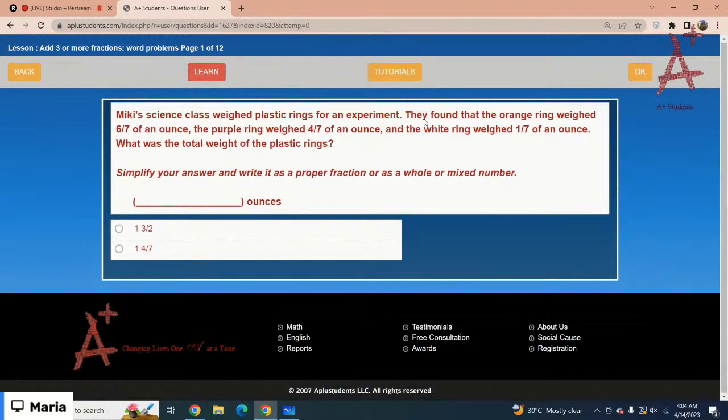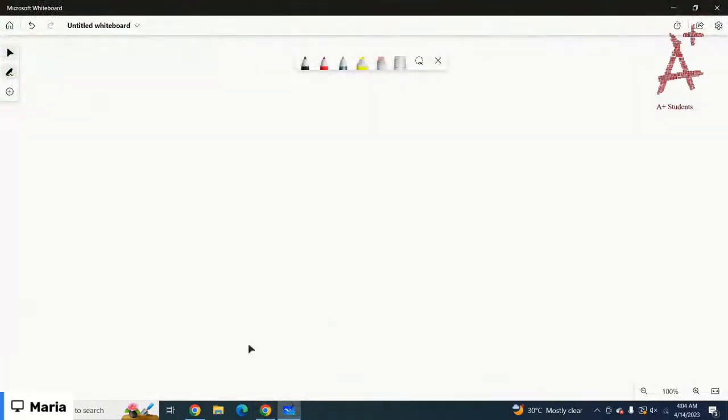So you have to add up all three fractions: 6 over 7, 4 over 7, and 1 over 7. They all have the same denominator. You simply have to add their numerators. So it would be 6 plus 4, 10, and 1, 11 over 7.